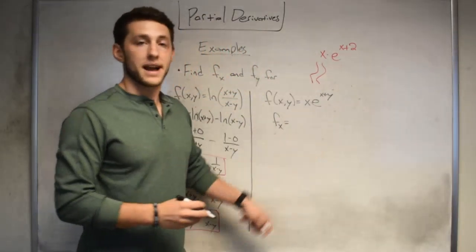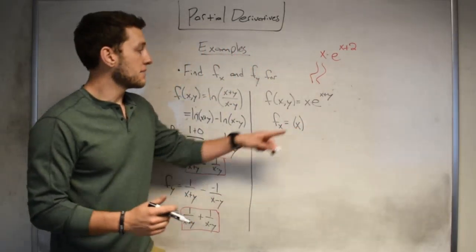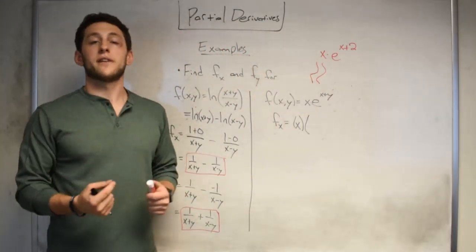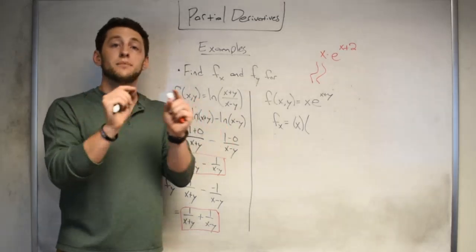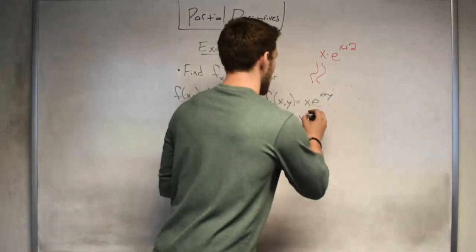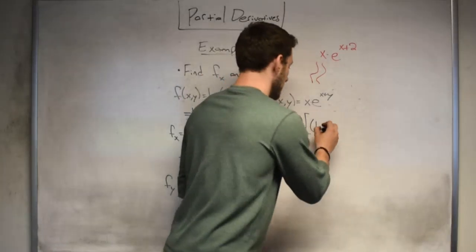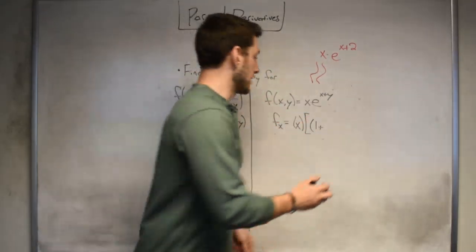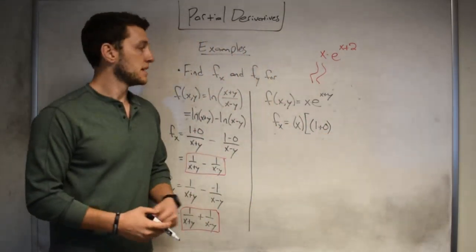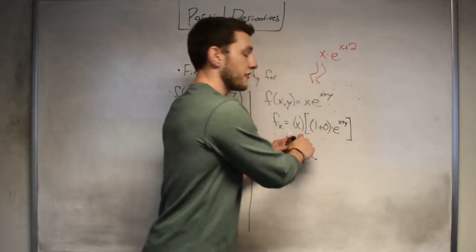So first d second. First is just x. Times d second. Here we have an exponential. To derive an exponential, you derive the power and multiply it by the original thing. The derivative of the power with respect to x, the x will become a 1, and the y will go away. So the derivative of the power becomes 1 times the original function of e to the x plus y. First d second.